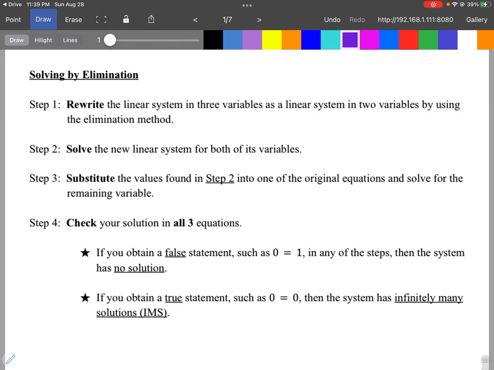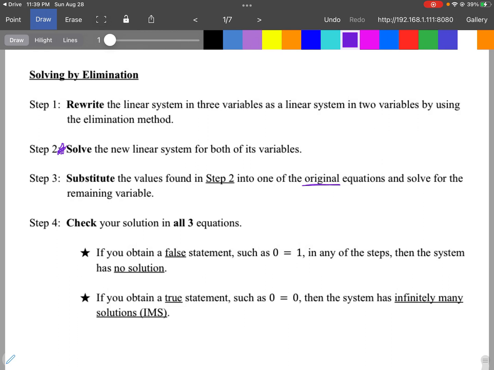Then we move on to step 3, which is going to be to take the value that we got in step 2 and substitute it into one of the original equations. So when we do step 2, we should actually get the answer to both of those variables that were left, and we'll be able to substitute those values into the original equations.